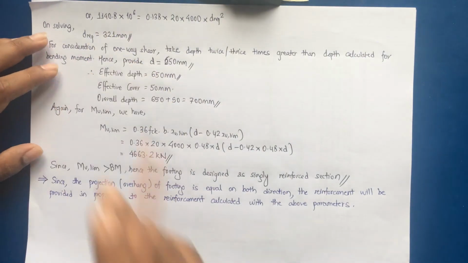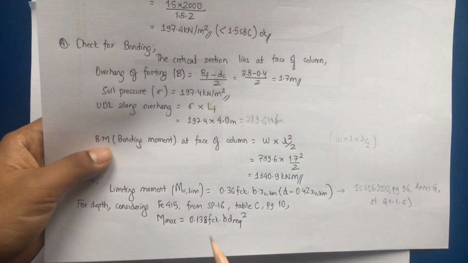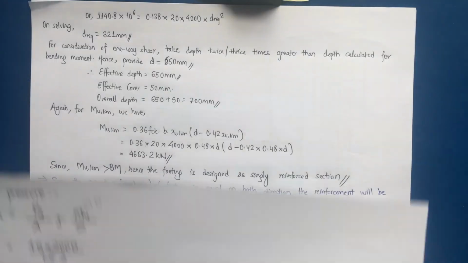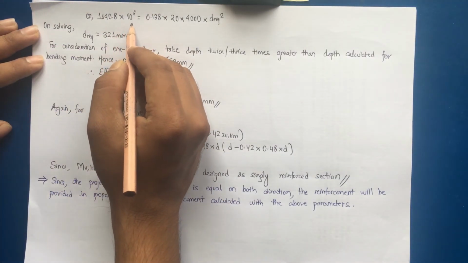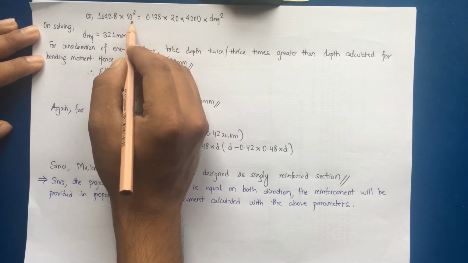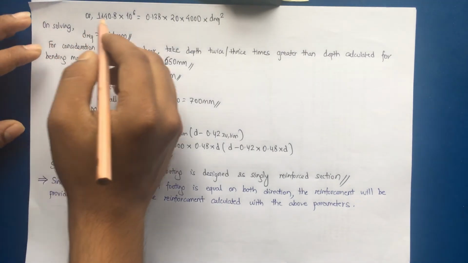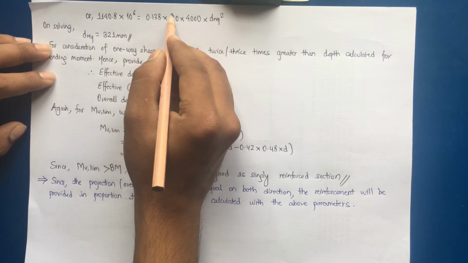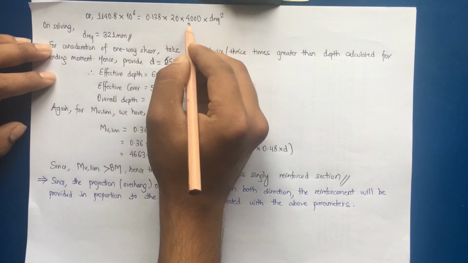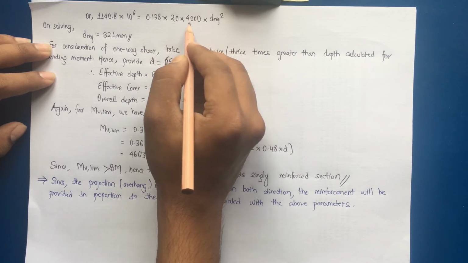So the maximum moment acting at the face of the column is 1140.9 kilonewton meter. So 1140.9 into 10 to the power 6, converting this into Newton mm. Now let us substitute the value, and we have 0.138 into fck as 20 and the width of the section is 4000.